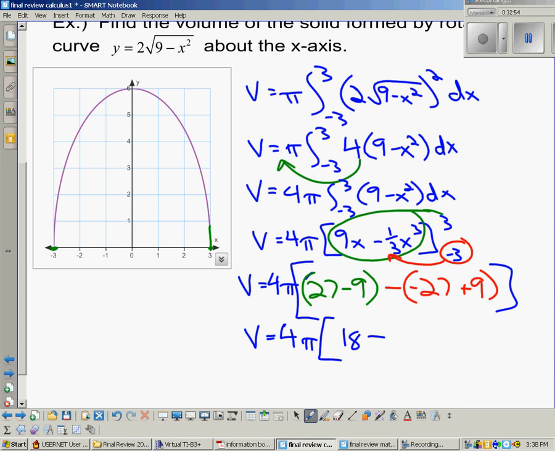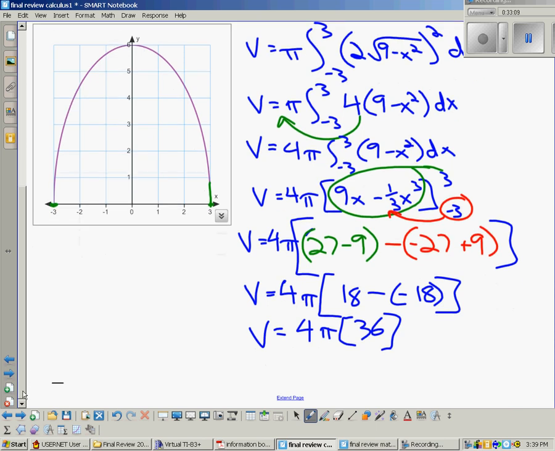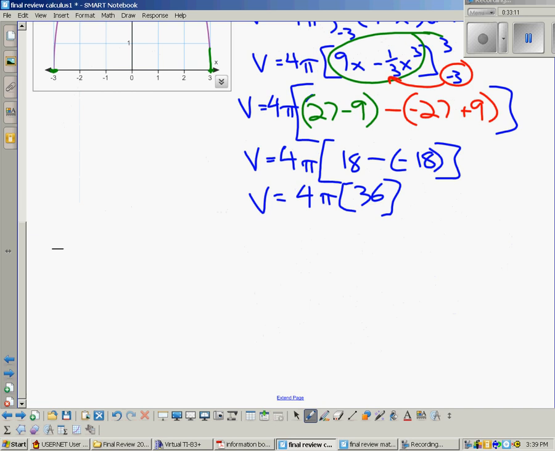Minus negative 27 plus 9 is negative 18. Okay, that's 4 pi times 36. And 4 times 36 is 144. So 144 pi. What's the volume? Well, volume should have some sort of unit. So we're talking about units here, and they'd be cubic units.